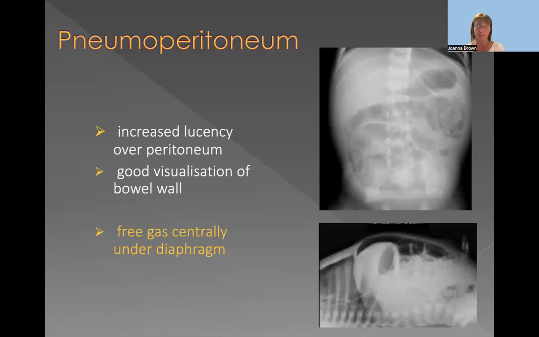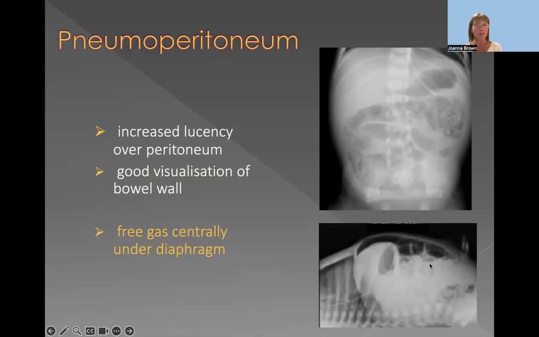If you have a suspicion on the supine X-ray, as you see here, that it is just fatty tissue or a small perforation with a small amount of free air, do the other projection. I know that we worry in children not to give them too much radiation, but it's much better to do another X-ray than to miss a perforation, because this is an emergency and it's very serious in these little children.